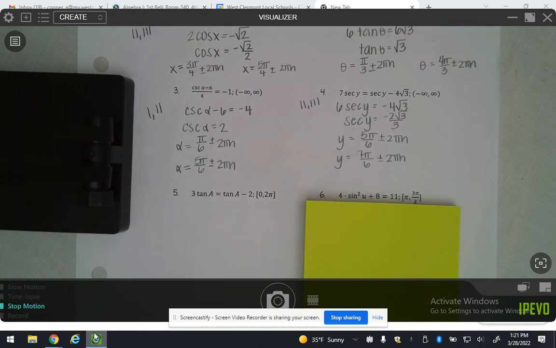If you don't have the plus or minus 2 pi n, I will take off because this is an open interval. It means you can get any angle from negative to positive infinity. So if you have negative to positive infinity, just don't forget to add that plus or minus 2 pi n.